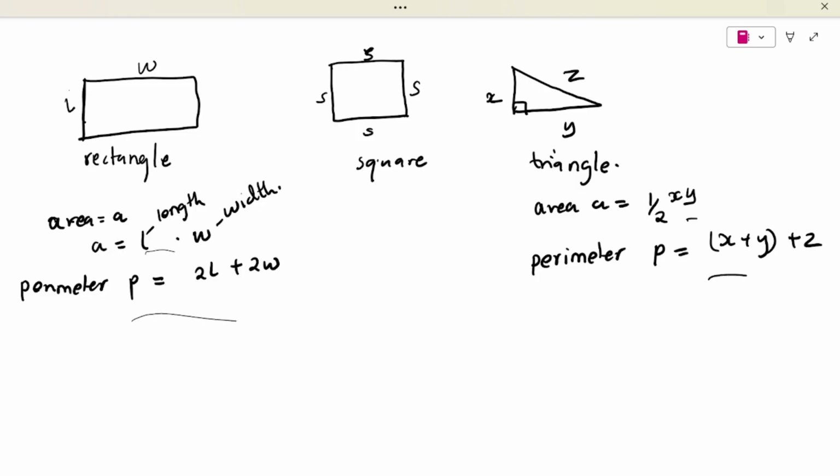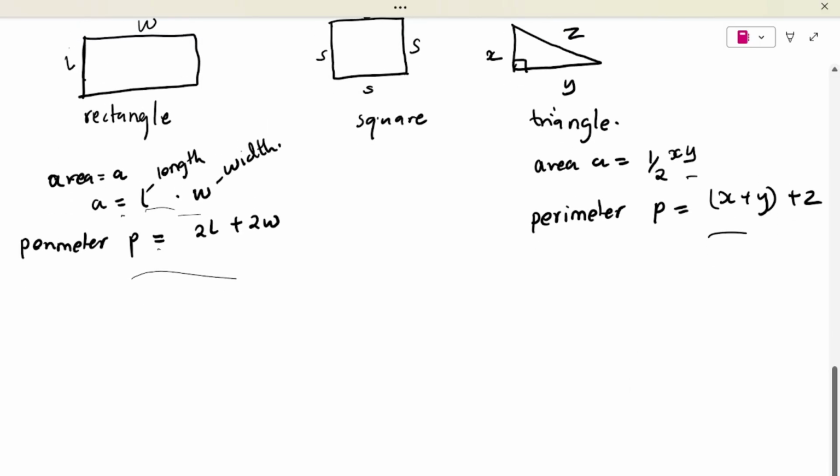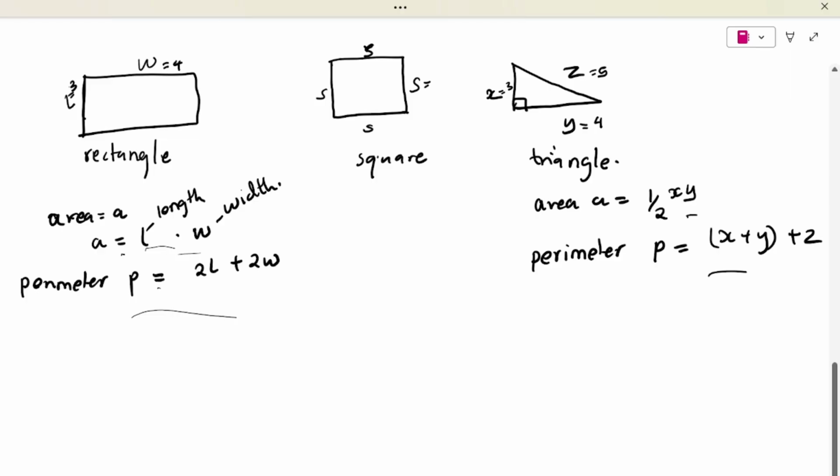So these are the expressions. We see that they have variables, they have symbols such as equality, and they have variable expressions. So for example, when you are trying to solve a question, maybe L here is equal to 3, this is equal to 4, this is 4, this is 3, and this is 5, and then the side of the square may be equal to 3.